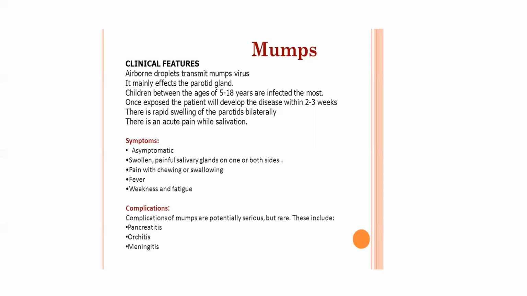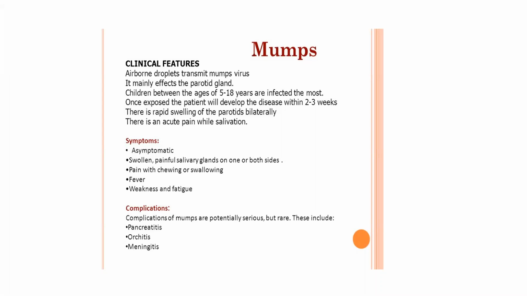Okay, now moving forward to the clinical features of this virus. How is this infection caused? The infection is acquired by inhalation, and probably it can also be transmitted through the conjunctiva.